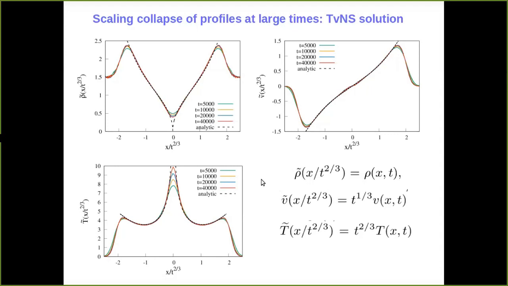You can see the TVNS solution captures most of the places inside the blast, but it cannot capture the simulation result near the shock front and near the shock center. The interesting thing is that we do not see any shock. That is the most interesting thing here. The profiles are smooth.